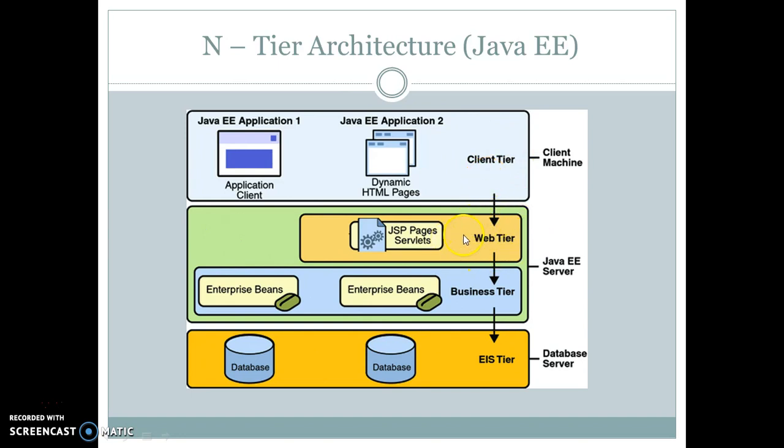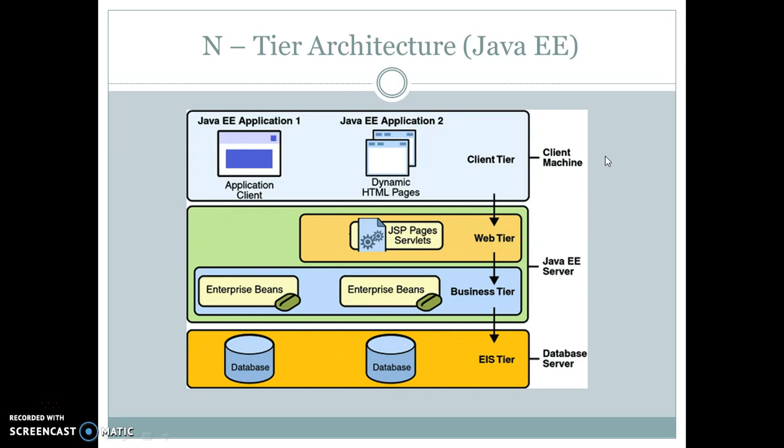Web tier consists of web components such as JSP pages and servlets. Web tier handles client requests and responses. Business tier consists of Java classes in which the actual business logic is coded. EIS tier consists of the database.